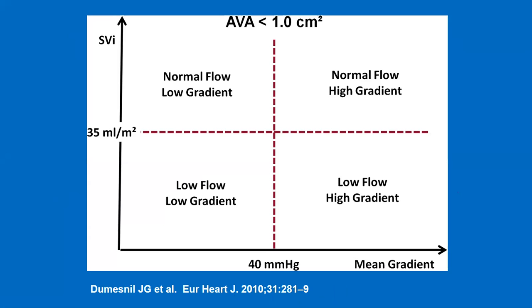I'd like to remind you of the last slide of the prior presentation, with the hemodynamic classification of severe aortic stenosis based on a mean pressure gradient of 40 and a stroke volume index of 35 milliliter per meter square, where patients with normal flow can have low or high gradients, and patients with low flow can have, again, low gradients or high gradients, less than or more than 40 millimeter mercury, respectively.